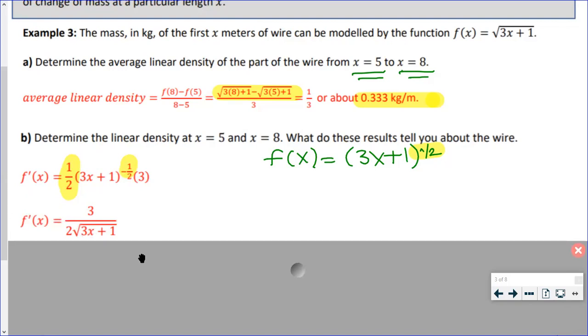Now, when I highlight (3x plus 1) to the power of negative 1/2, because of that negative, it has to switch to the denominator. The 2 in the denominator of 1/2 also remains in the denominator.